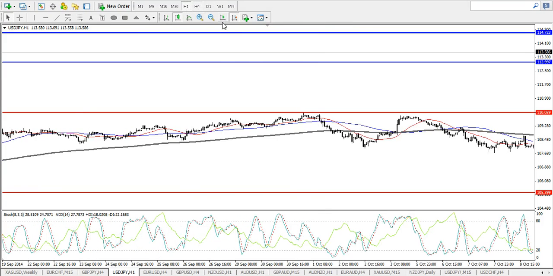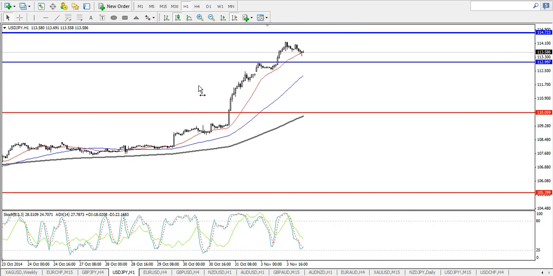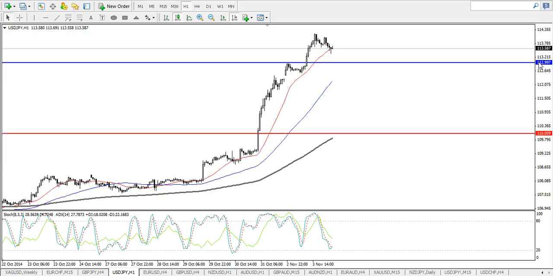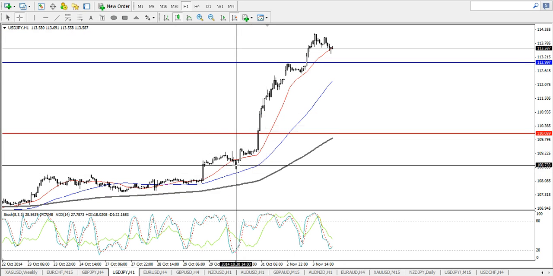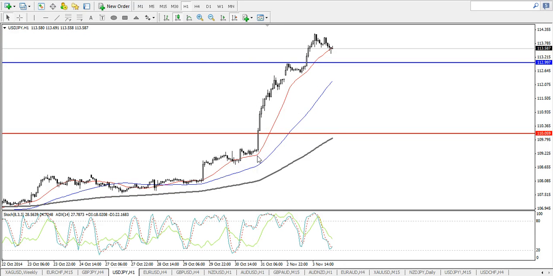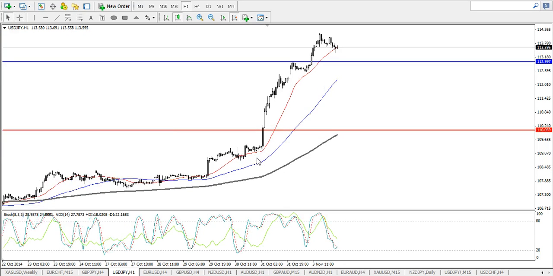Alright, so in this case, if we zoom in a little bit into the 1-hourly chart, we do see that price has been supported by the 20 moving averages since the great appreciation after the BOJ, the Bank of Japan's monetary policy, or rather the FOMC statement.